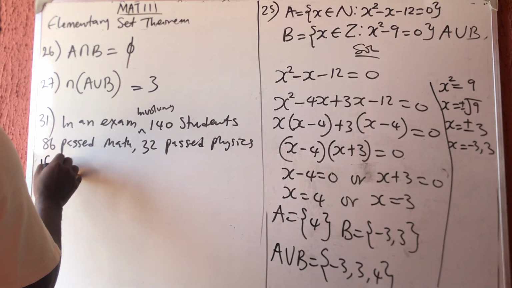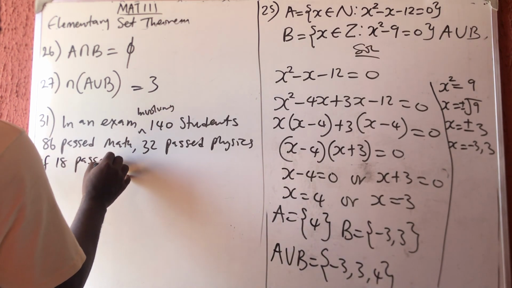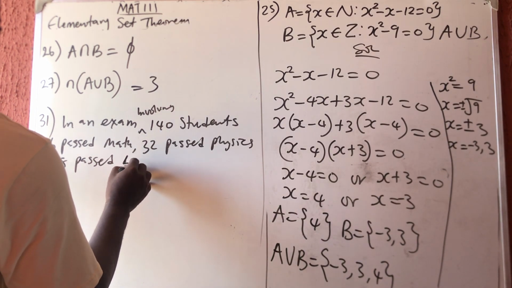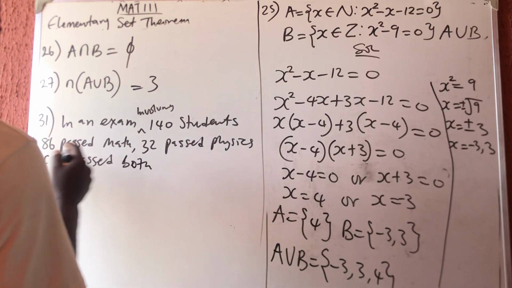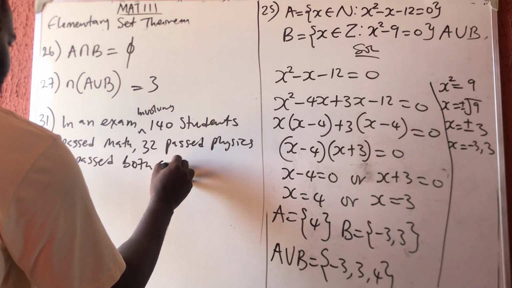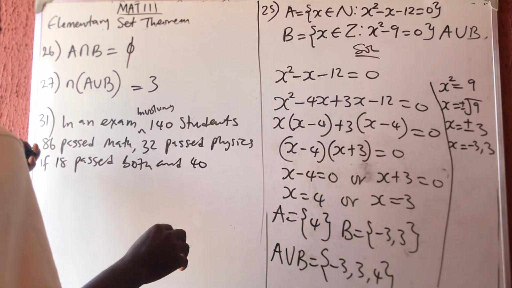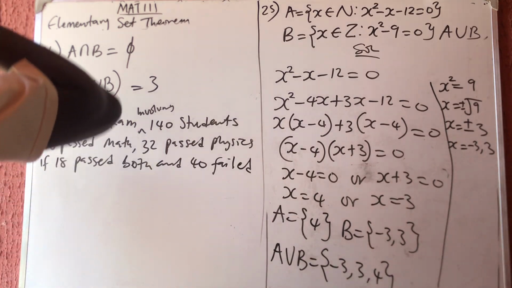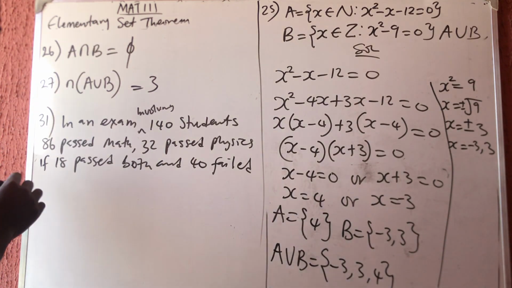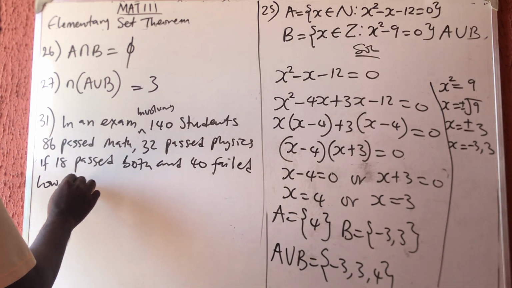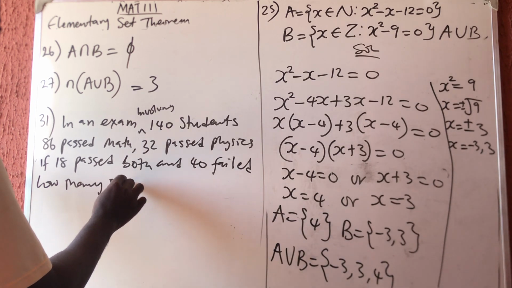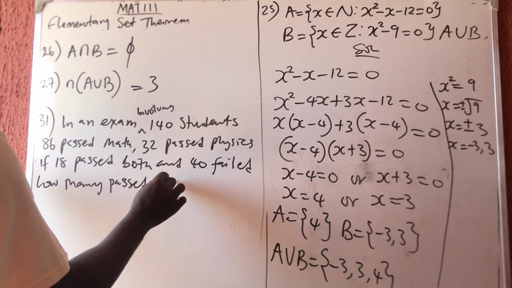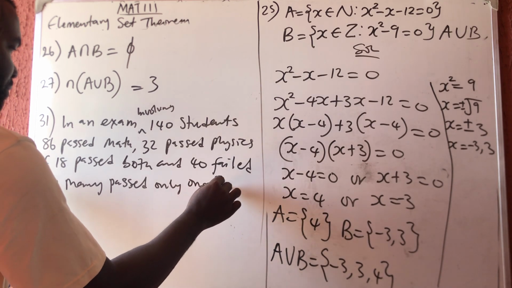Now say if 18 passed both, and 40 did not pass any of the two subjects, so 40 failed. Then I say how many passed only one subject?